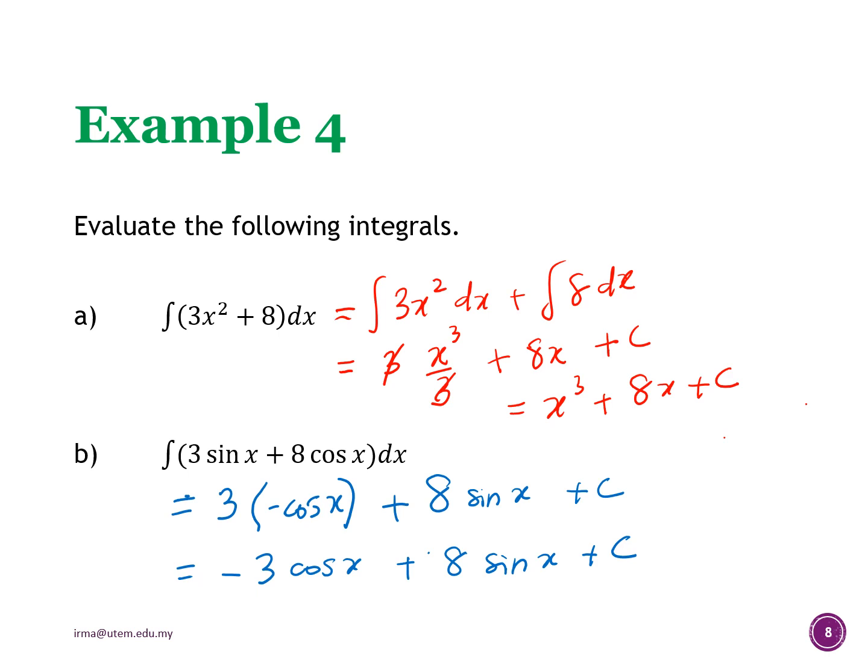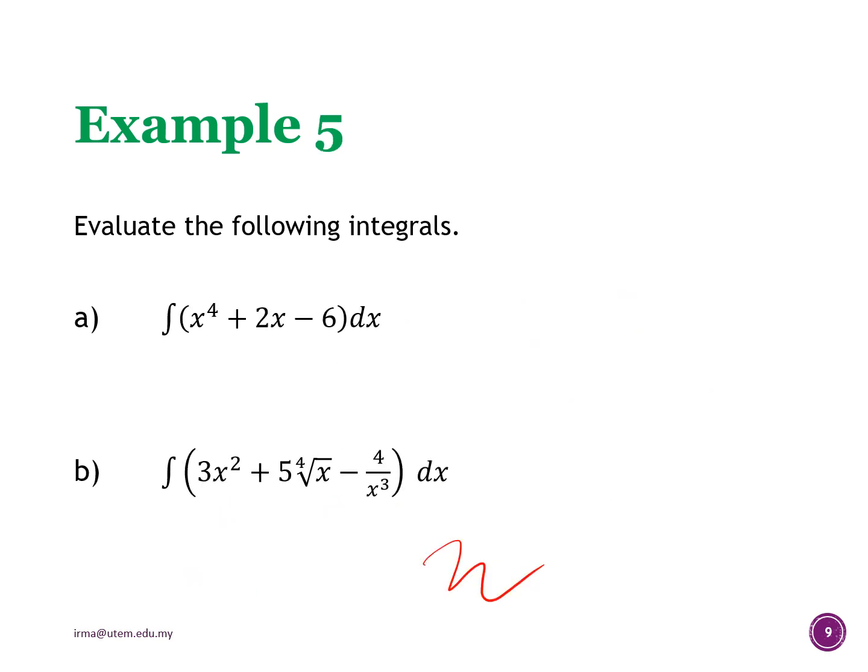So we look at the last example. Evaluate the following integral. We have x to the power 4 plus 2x minus 6 dx. So this one you will get what? x to the power of 5 over 5 plus 2x squared over 2 minus 6x plus c.